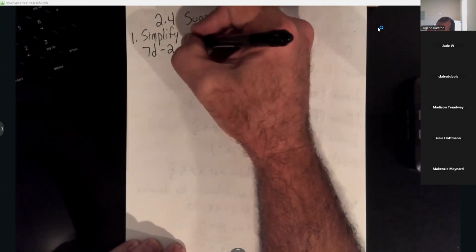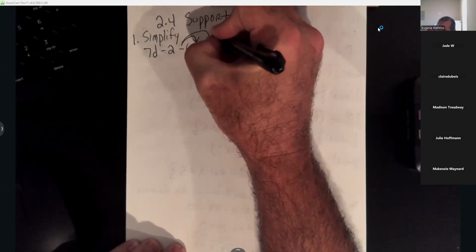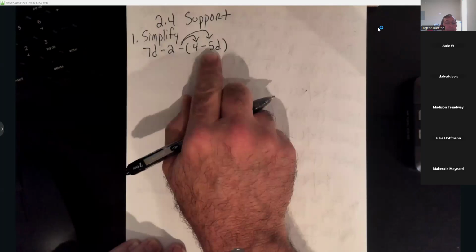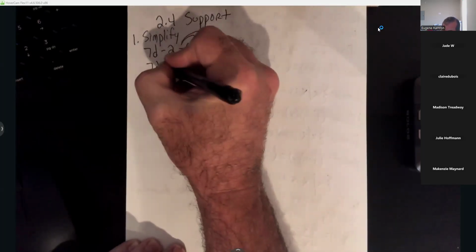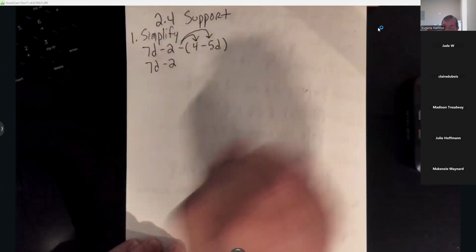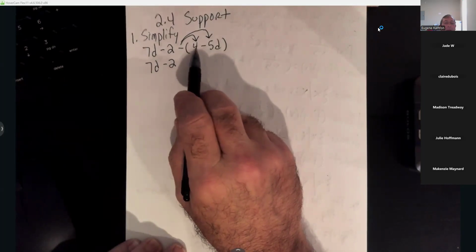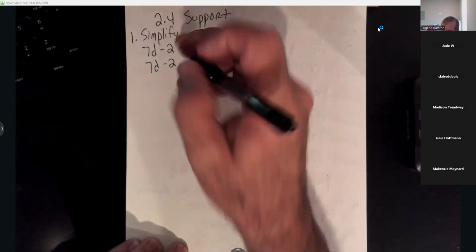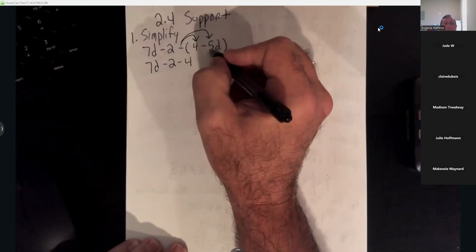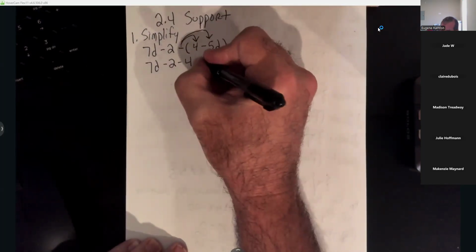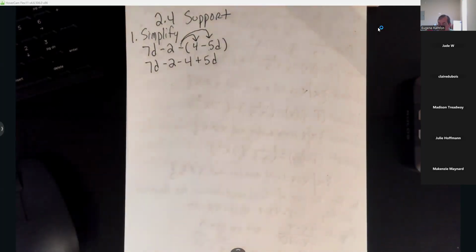Remember, to drop these parentheses, I'm going to distribute that negative. Okay? So I get a 7d minus 2. Negative times a positive will make that a negative 4. Negative times a negative will make that a positive 5d.